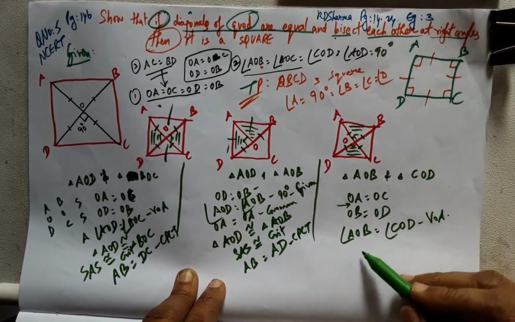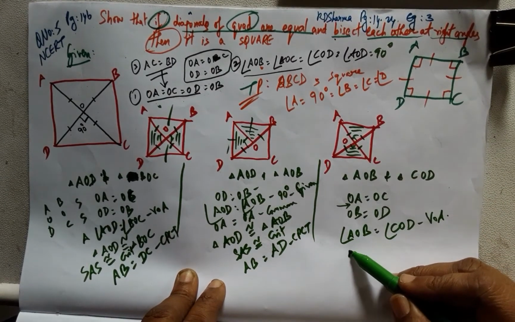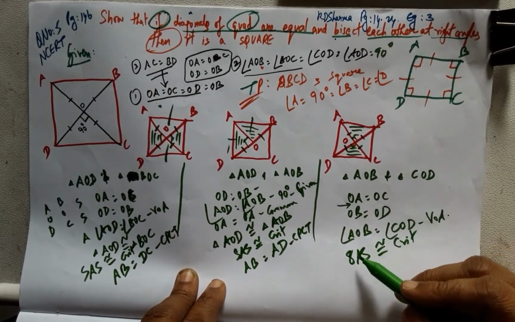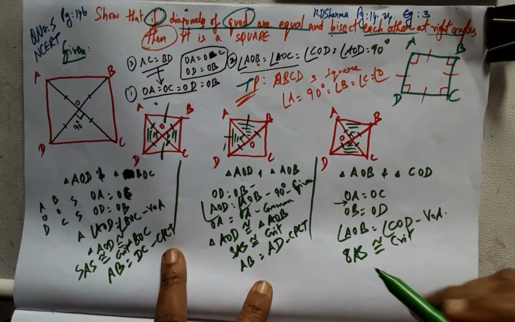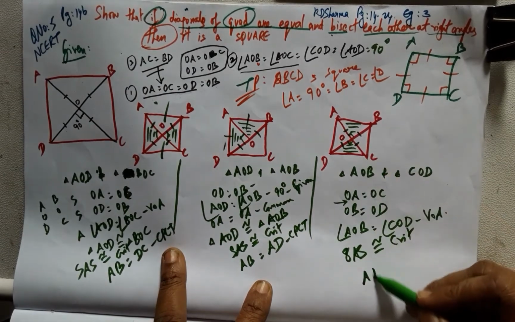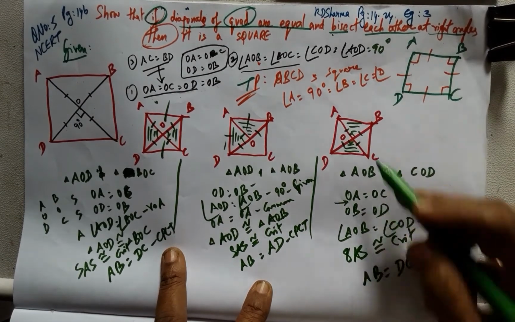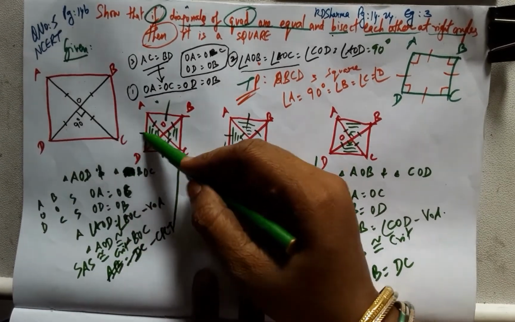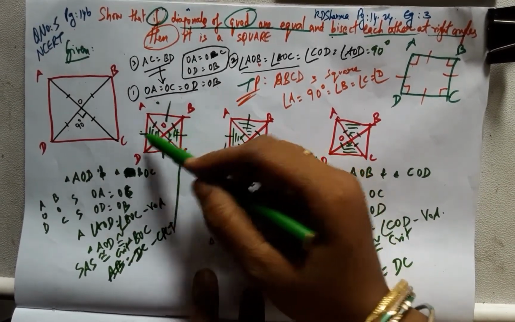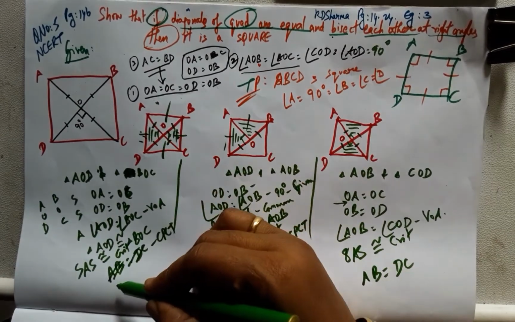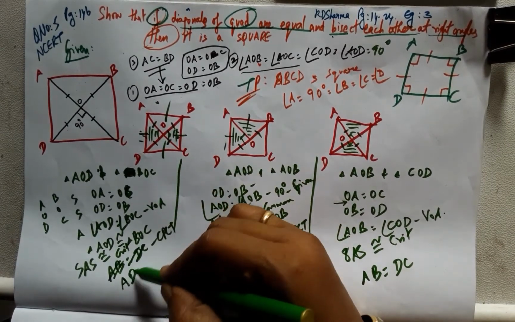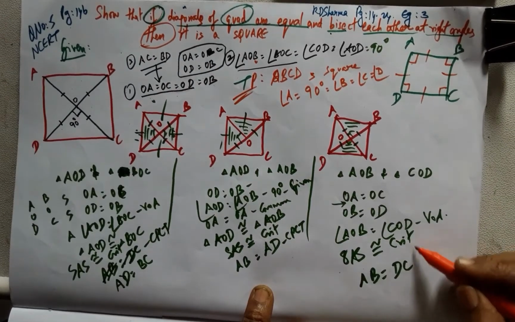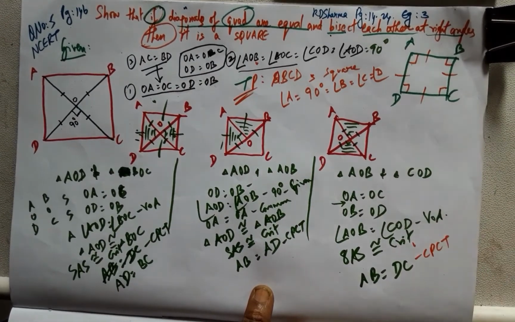Therefore, triangles congruent by SAS congruency criterion, again we have AB equals DC. This is an error I have written. This should be AD equals BC, because these two are the triangles for which we have undertaken the congruency. Now this is also CPCT.